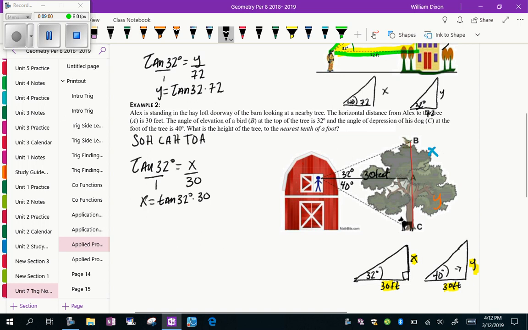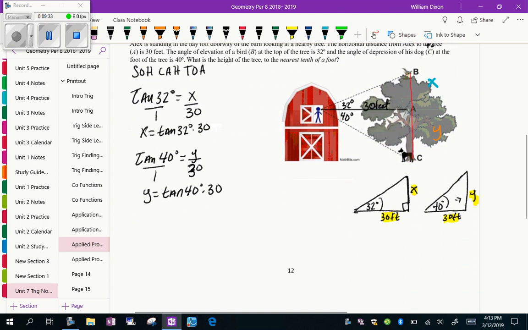Once again, let's leave that and move on to Y. For Y, I'm going to have the tan of 40 degrees equals Y over 30. I'm going to cross multiply, and I get Y equals the tan of 40 degrees times 30.